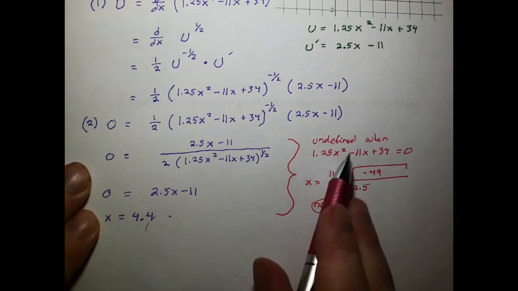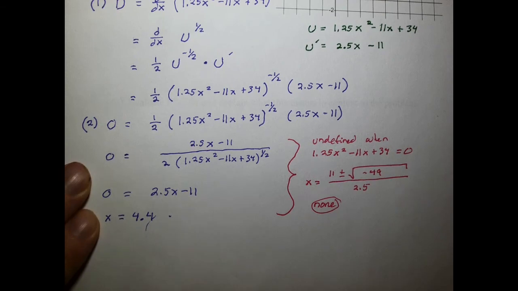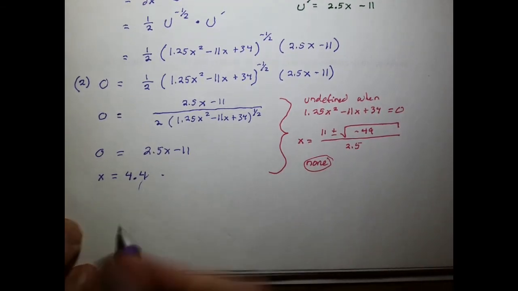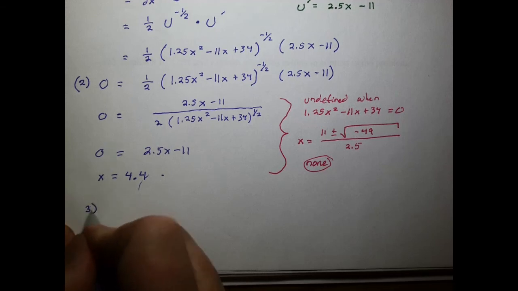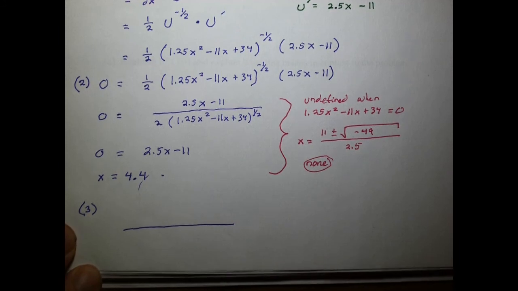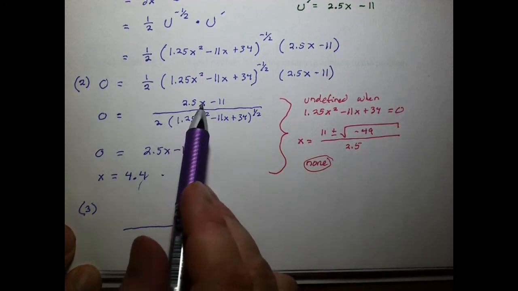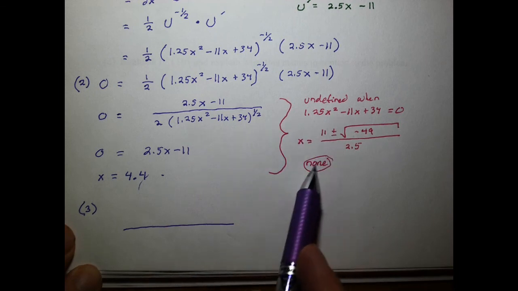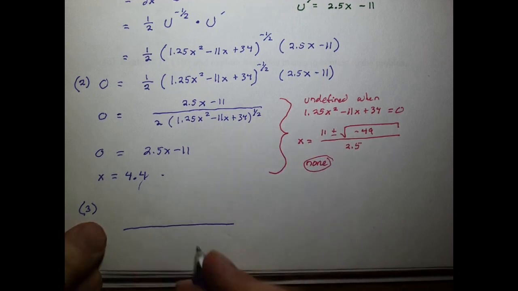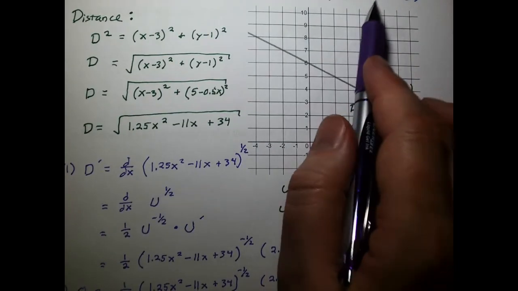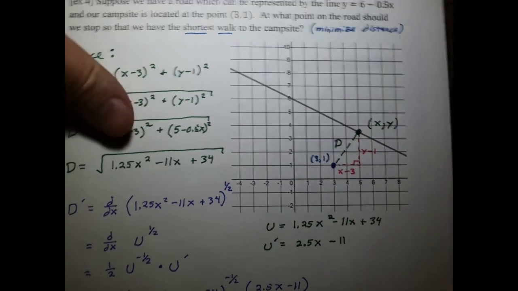So there's no undefined points. So this is our only critical number that we have to worry about. All right, so the numerator gave me the zeros, the denominator would give me the undefined, but we didn't find any. And so now let's test 4.4 and see if this really does give us a minimum distance.